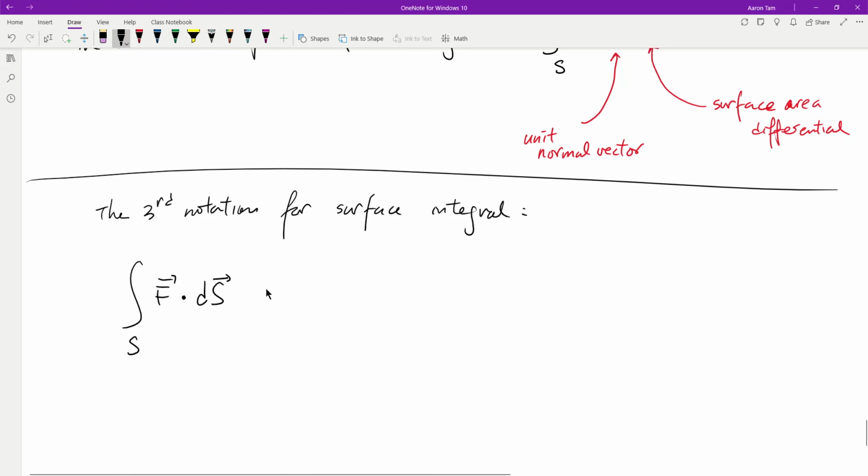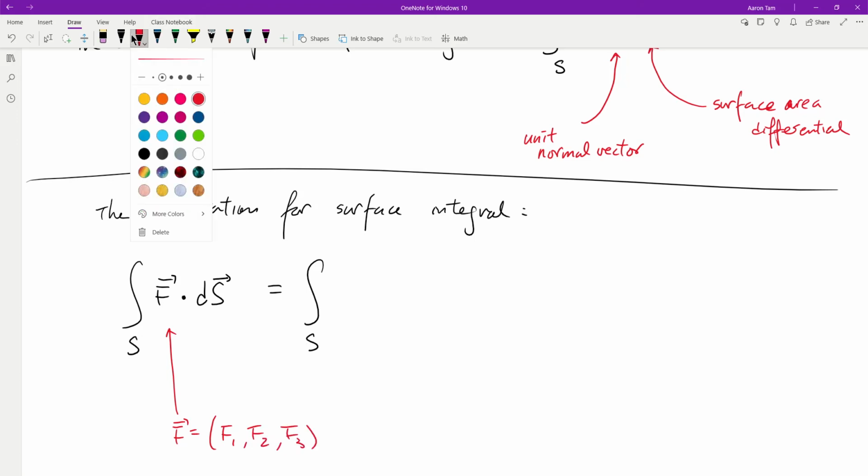And this notation can sometimes be written into this, where it actually carries out the dot product for you. So let me show you what the dot product looks like. This would equal vector f, where we consider vector f to equal f1, f2, f3.